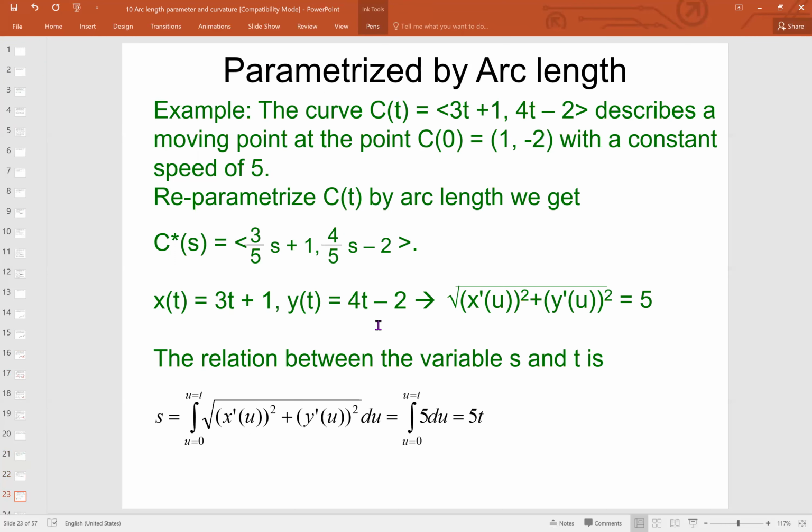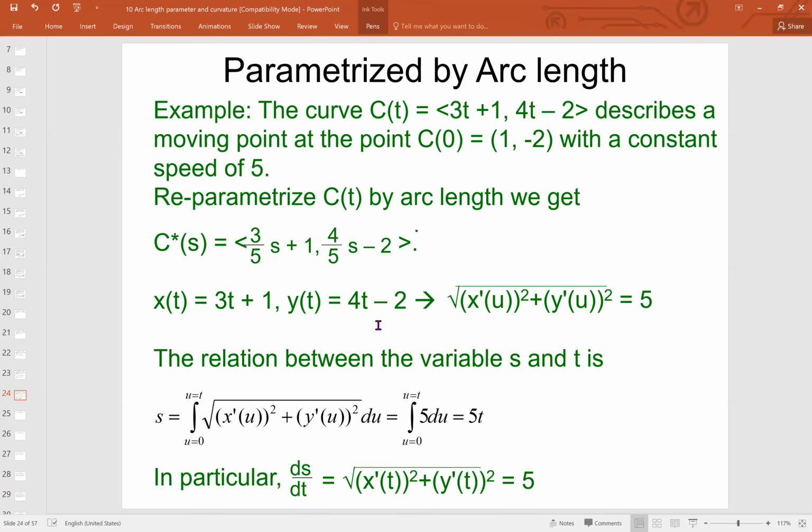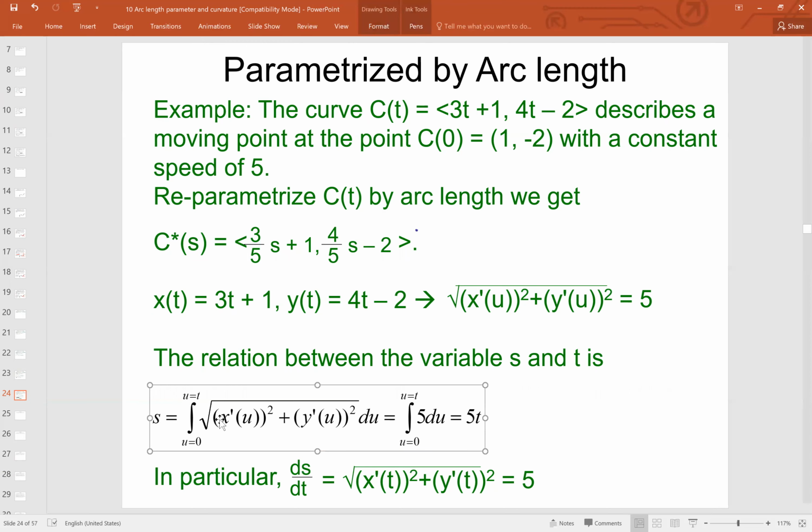And here's the algebra for solving backward. So ds/dt, in other words, s is 5 times t, and then you can solve for t. Okay, meaning what? Let me.